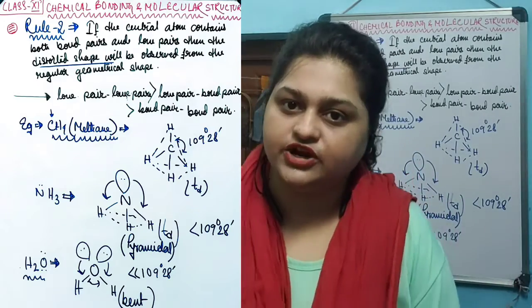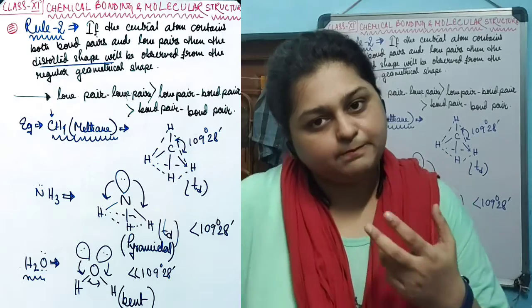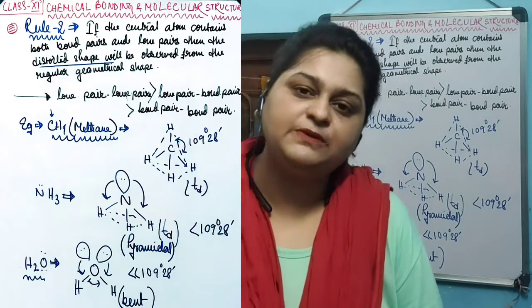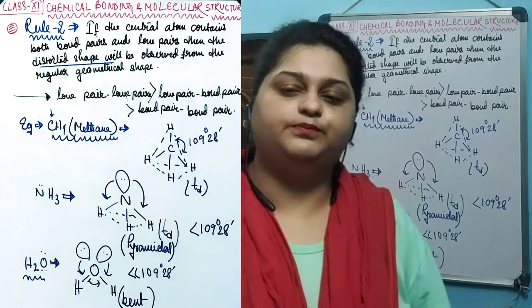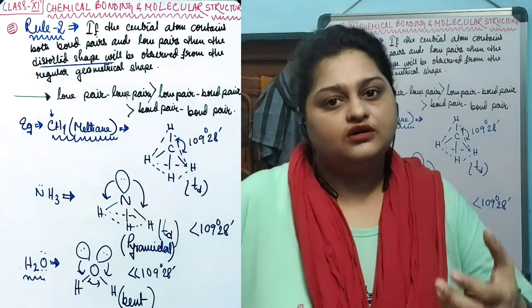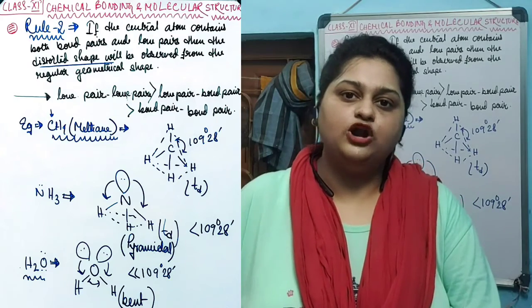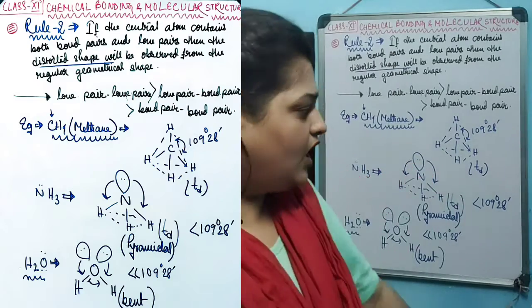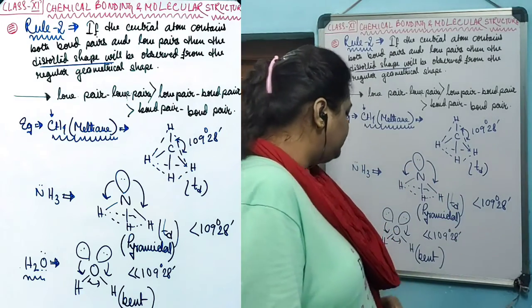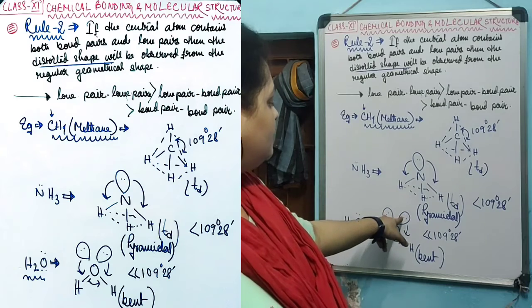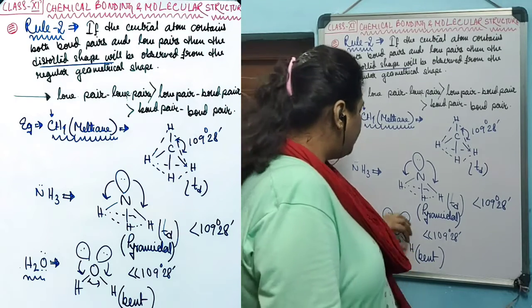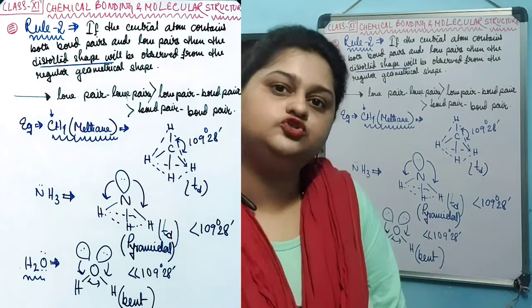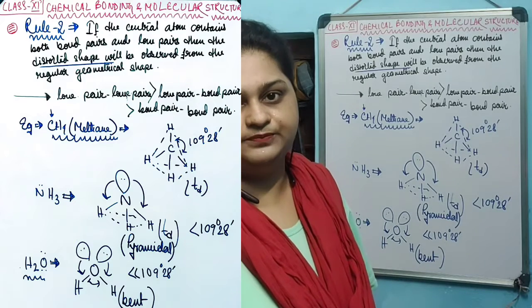As 2 are bond pairs and the remaining 2 are lone pairs, the shape becomes a distorted tetrahedral shape, known as the bent shape, and the angle between the bond pairs is very much less compared to 109 degrees 28 minutes, because of the lone pair lone pair and lone pair bond pair repulsion from the 2 lone pairs on the oxygen atom.